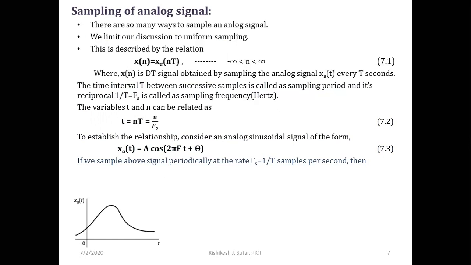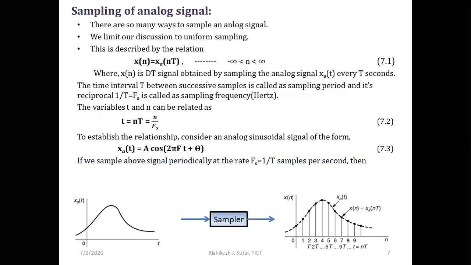If I sample the analog signal periodically at a rate Fs samples per second, then after the sampler I can have a discrete signal. The dashed signal is nothing but x sub a of t, that is the estimate of analog signal, while x of n is equal to x sub a of nT is nothing but the sampled signal.